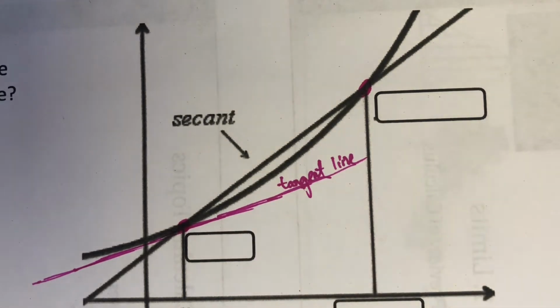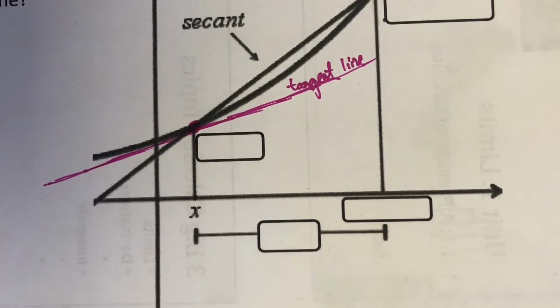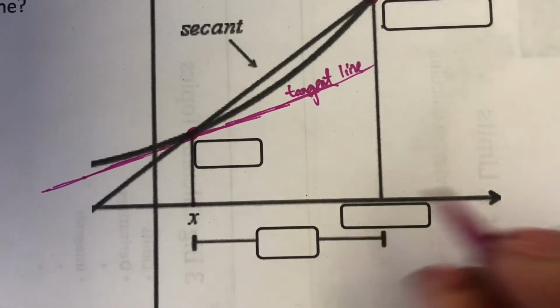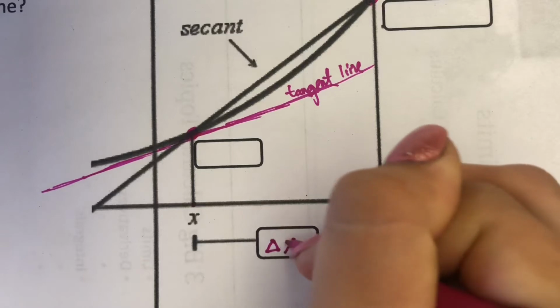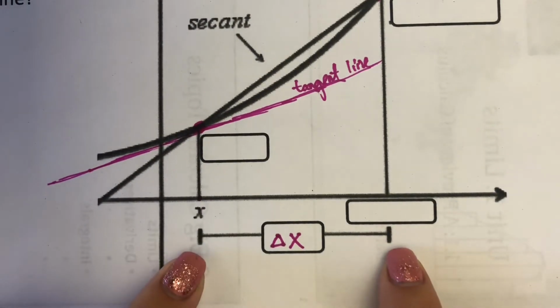All right, let's name the points so we can get our y1, y2, x1, x2. So I've named this x value x. This distance to the next x value, I'm going to call it delta x, the change in x. Makes sense? It's the change in x.